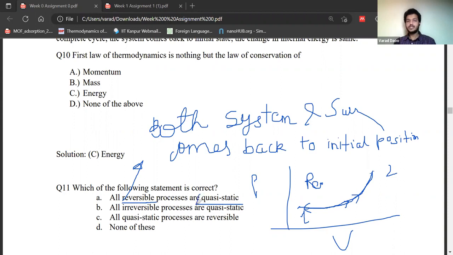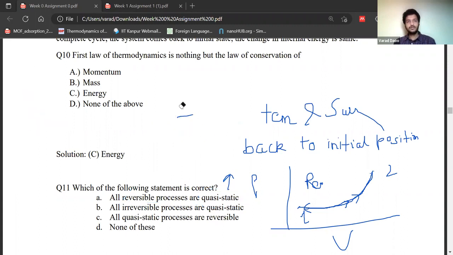And quasi-static, what are quasi-static processes? So quasi-static processes are infinitesimally small processes, right? That means this is a state of quasi-static process and reversible process. Let me remove it first.